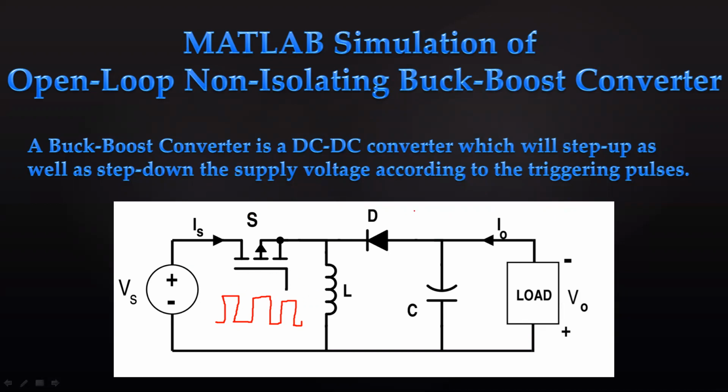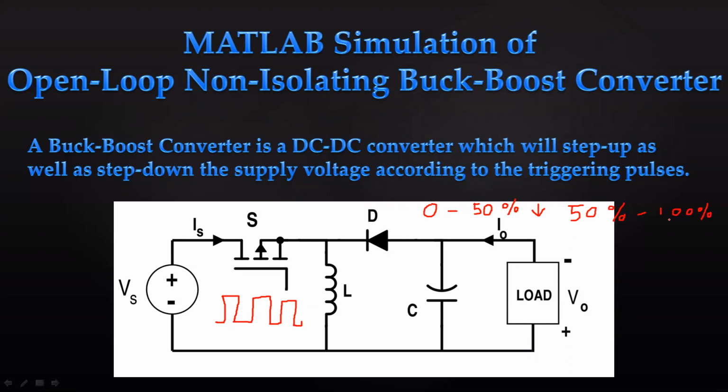So that means if we are triggering the gate pulses from 0 to 50% duty cycle, then it will step down the voltage. And if we are triggering from 50% to 100%, then, we can't go up to 100%.